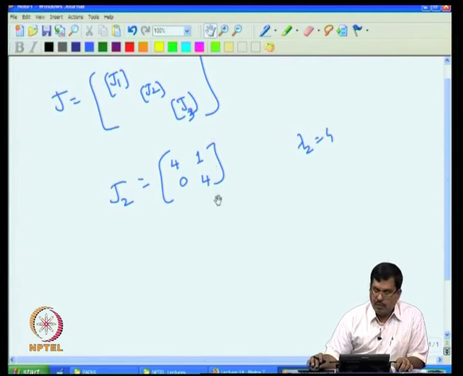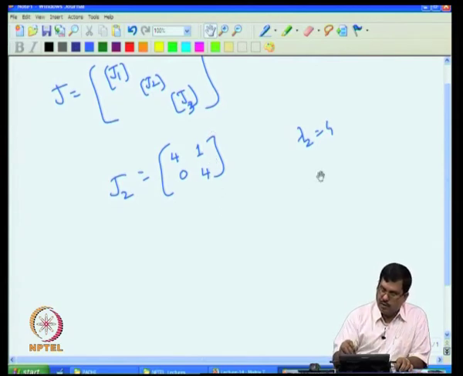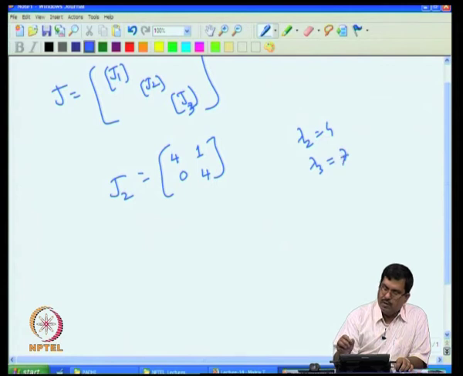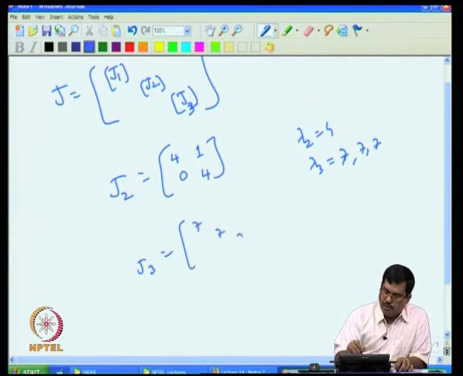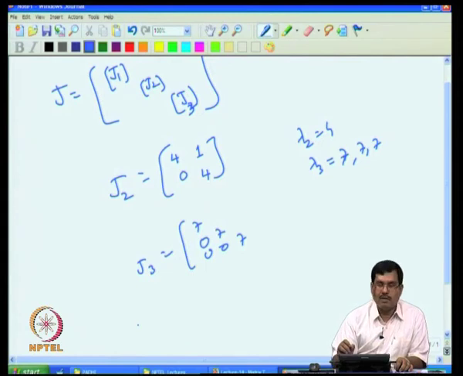Okay. Now, if you have, let us say, J 3, lambda 3 is equal to let us say 7 or something, but it is repeated thrice, let us say 7, 7, 7. Then corresponding J 3 will have 7, 7, 7 here, and obviously these are all 0 on the below side of it.